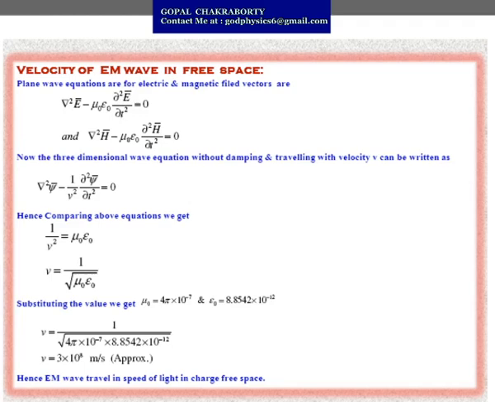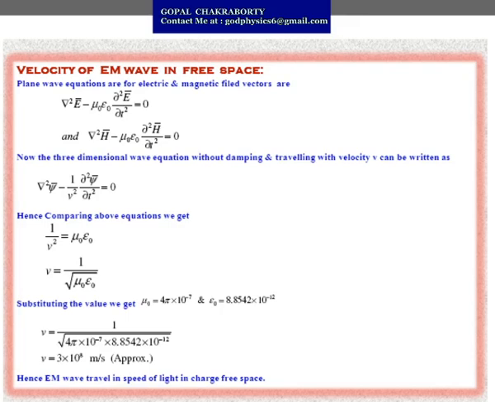So, you know the wave equations for electric field and magnetic field vectors are del 2E minus mu naught epsilon naught del 2E/del t2 equals 0. Similarly for magnetic field it is del 2H minus mu naught epsilon naught del 2H/del t2 equals 0.